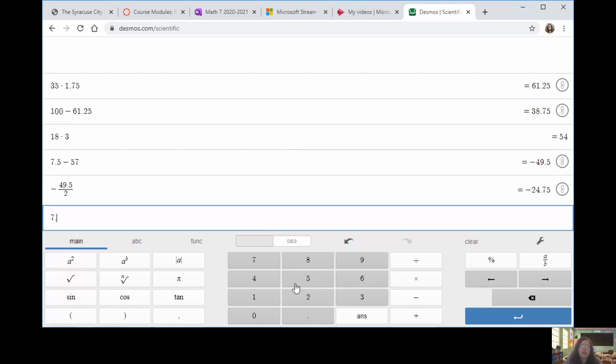You want to take your amount of feet and multiply by 12, because there are 12 inches in 1 foot. So if we have 7.5 feet, we're going to have 7.5 groups of that 12, which actually equals 90.